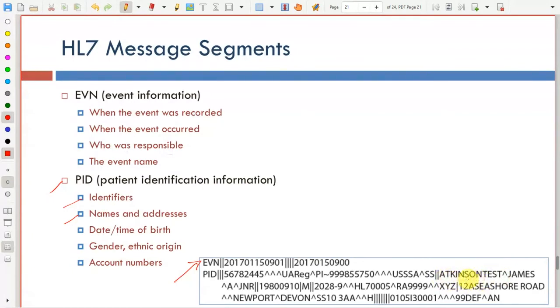You cannot necessarily deduce all the information by reading it, and it's sometimes difficult to get the information out of the message itself. You might also include the date and time of birth, the gender, and the account numbers. If the patient has a certain insurance company, you might add that in the message too. This is very important also.